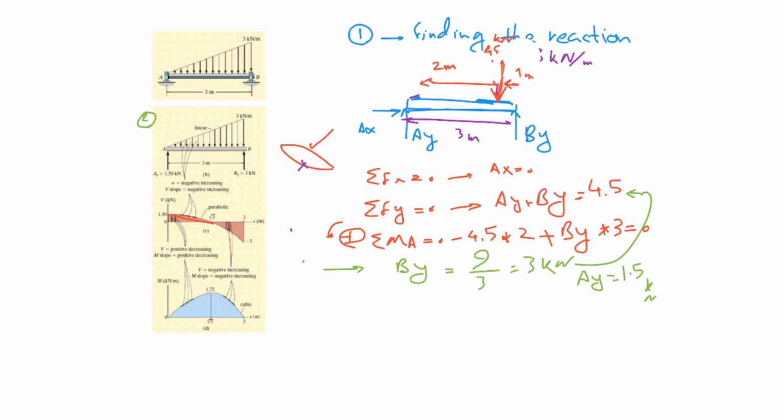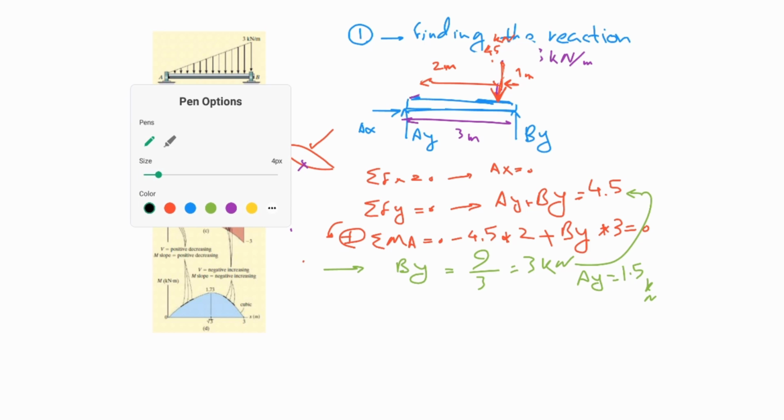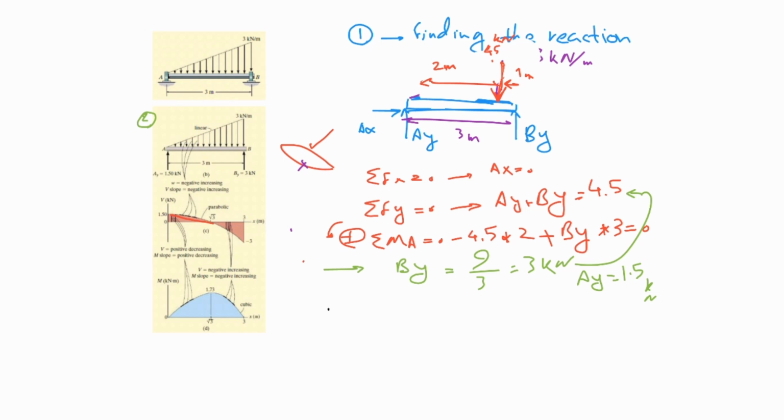If we consider the formula, here is a place that the formula is helping a lot. We know V is the integral of w dx, meaning that w is V prime, or dV over dx.